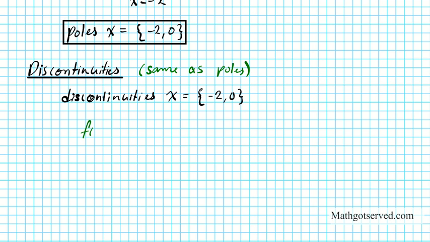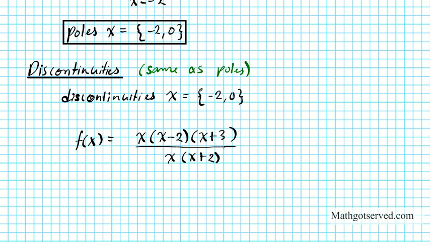The original problem is f of x equals, the factored form is what we want because I want to know what cancels out and what doesn't. F of x equals x times x minus 2 times x plus 3 divided by x times x plus 2.